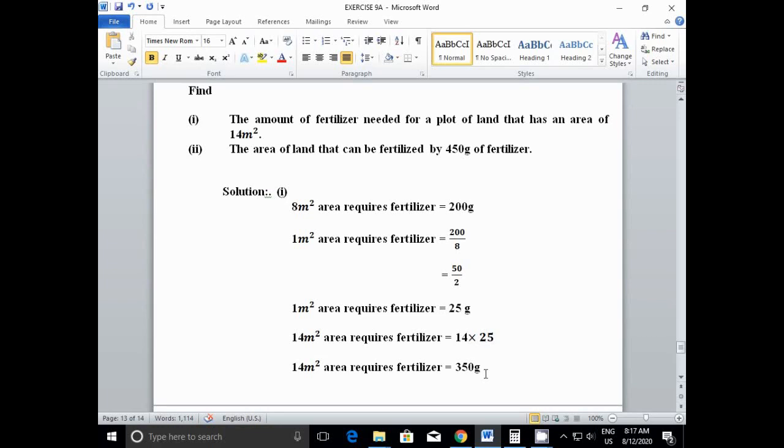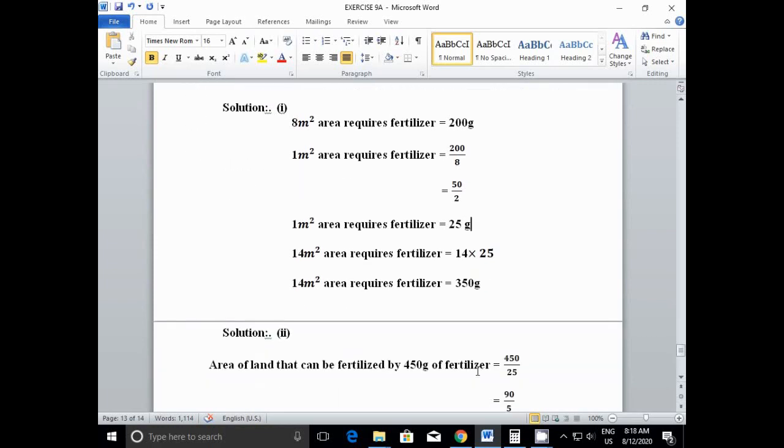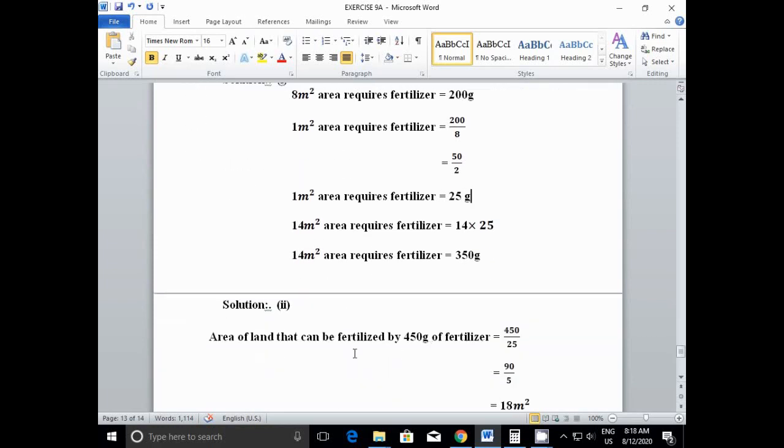Second part from this question, area of land that can be fertilized by 450 gram of fertilizer. Now this can be calculated by 450 divided by 25. 450 is the given amount of fertilizer divided by 25 is the amount of fertilizer required for 1 meter square area.